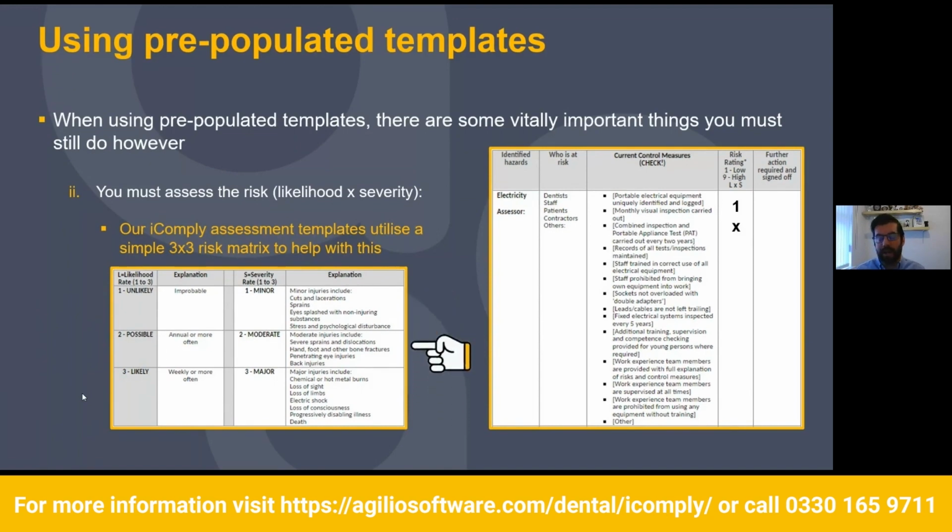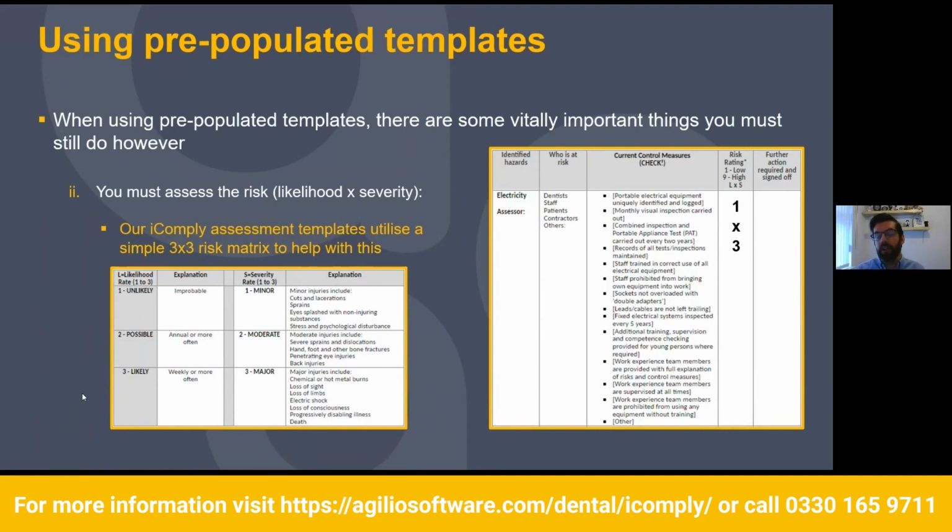So in relation to electricity, we are talking about electric shocks. So if one of those control measures fail and someone does come into contact with electricity, they're likely to get an electric shock. Therefore, the severity in this case will be a 3, because electric shocks are quite severe. They can lead to unfortunate death or more serious health issues.